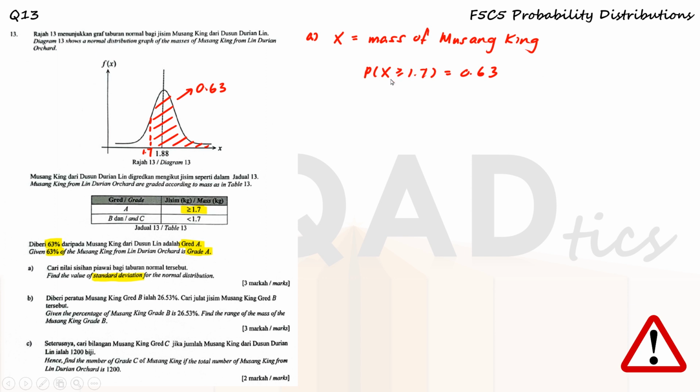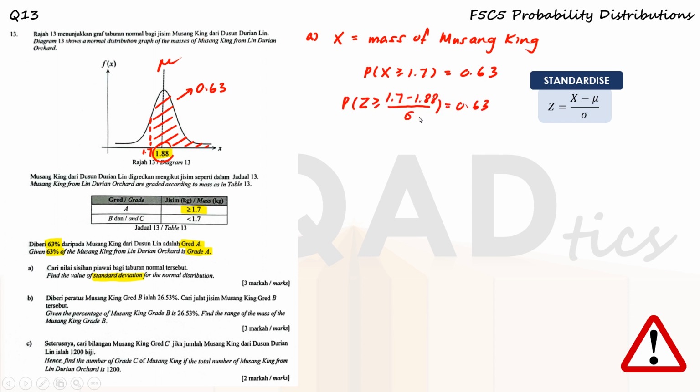The first thing is we need to standardize from X to become Z using this formula, right? So we need X minus mu divided by our standard deviation. Mu is the mean, and this mean is from here, the 1.88. So make sure that you know that this is mu.